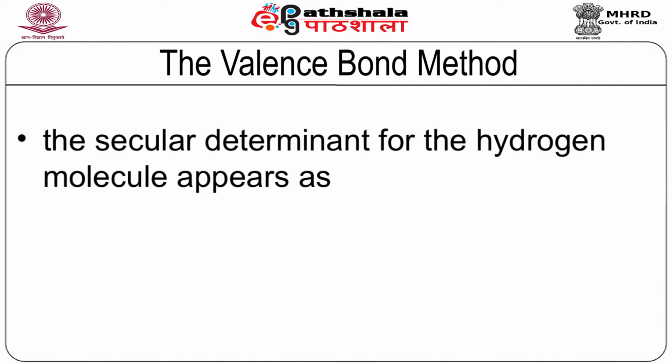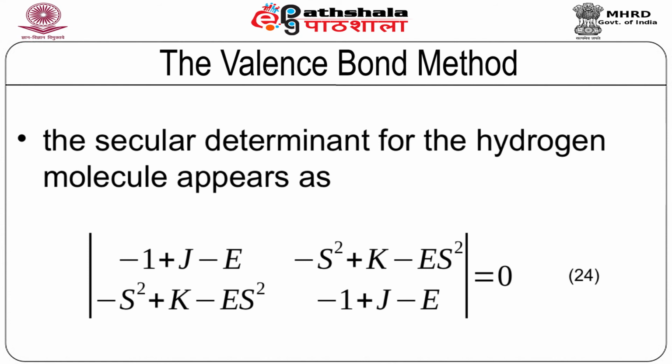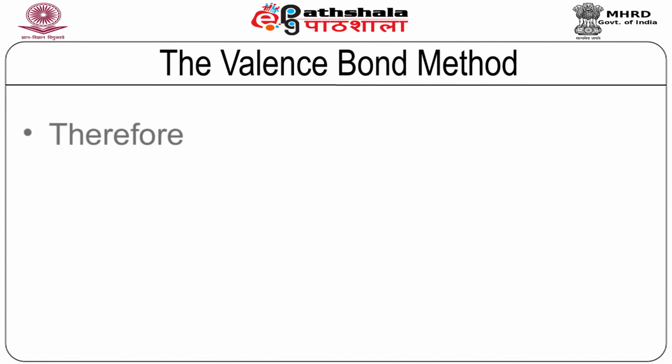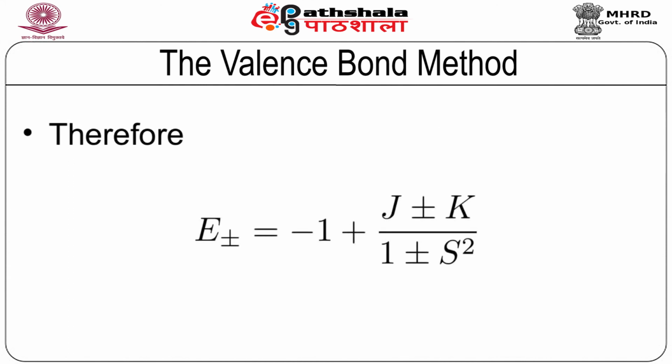So putting all these things together, we have the determinant minus 1 plus J minus E, minus s square plus K minus E s square, minus s square plus K minus E s square, minus 1 plus J minus E equals 0, and therefore we have as a solution two values of E given as E plus minus equals minus 1 plus J plus minus K by 1 plus minus s square.